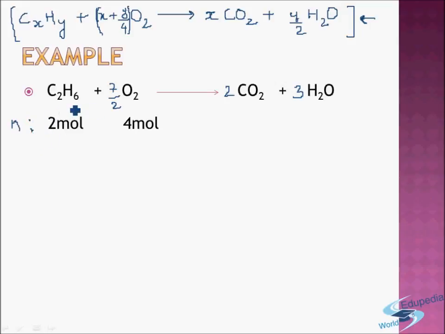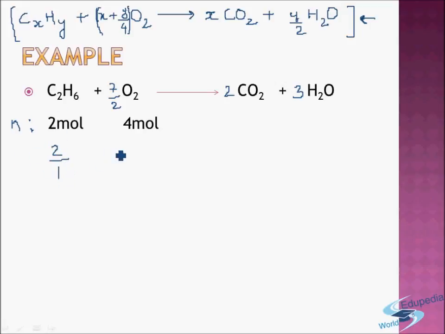Second step: after I know the given moles, the step is to balance the reaction, and I have already balanced the reaction now. 7 by 2, 2, 3 are the stoichiometric coefficients after balancing. Next, calculate the ratio of given moles divided by stoichiometric coefficient.